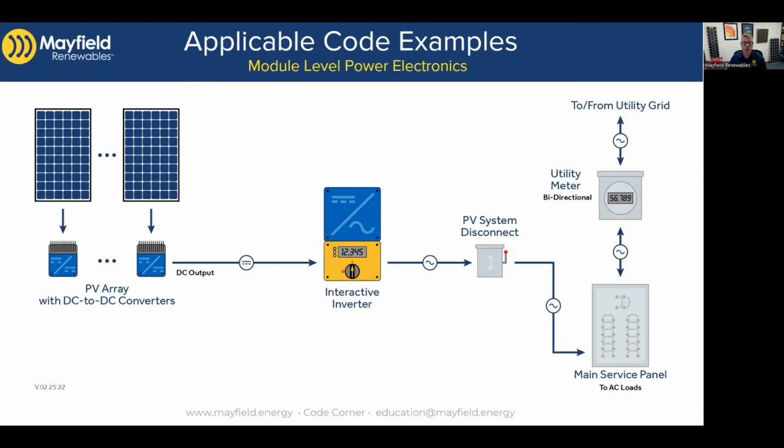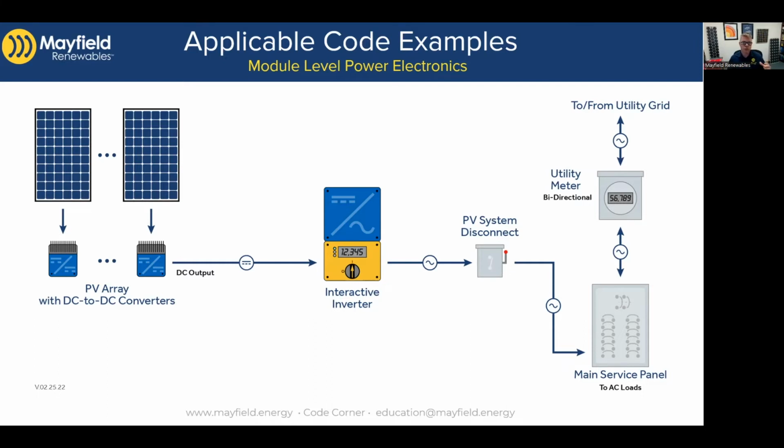Let's take a quick look at some images of what these look like in our systems. Starting with the DC to DC converters, pretty generic. Here we have modules connected to individual DC to DC converters. Those can vary in string length. We can have a bunch of them in series, or very few in series. It really depends on your system.